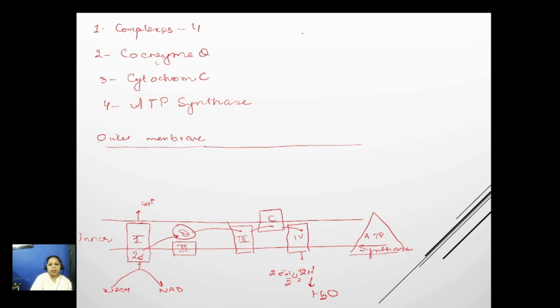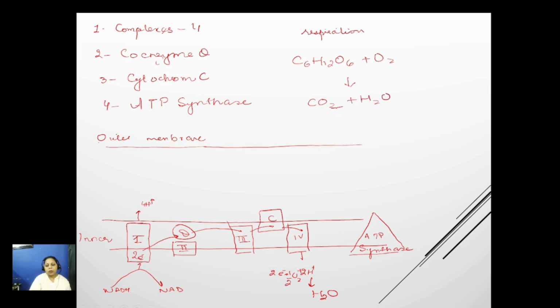That's why, when we conclude this equation, what are the reactants? Glucose along with oxygen converts into carbon dioxide and water.